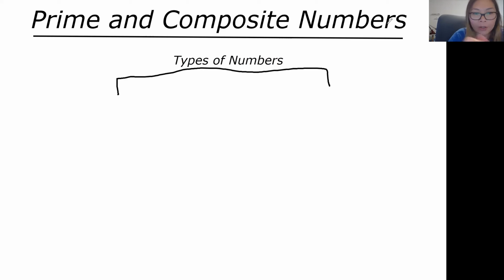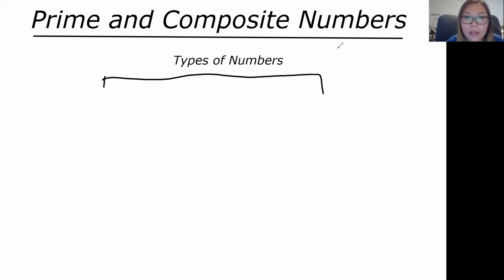I'm going to make that prettier. So we have two types of numbers that we're learning today. We have our composite number, and then we have our prime number.